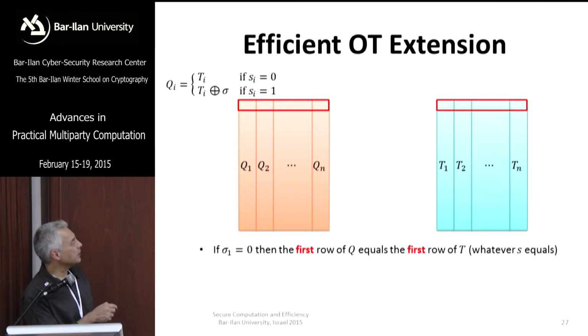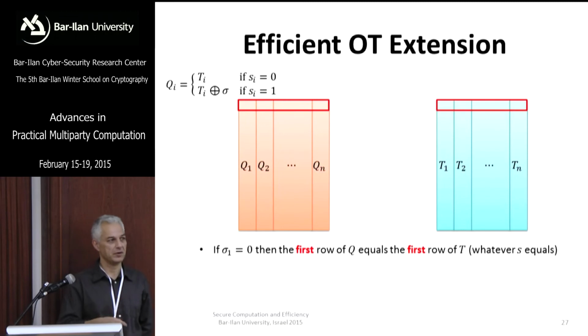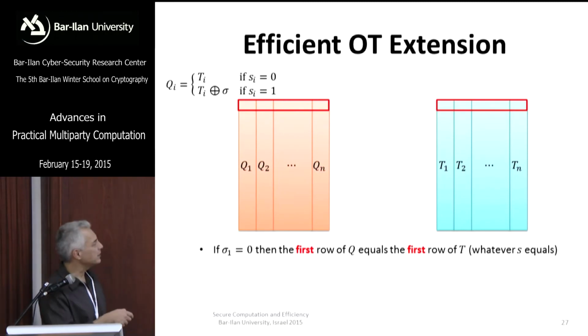It's either Ti or Ti XOR sigma, but sigma is 0. So in each one of the columns, we have Ti. If sigma 1 was 0, the first row of the sender is equal to the first row of the receiver.